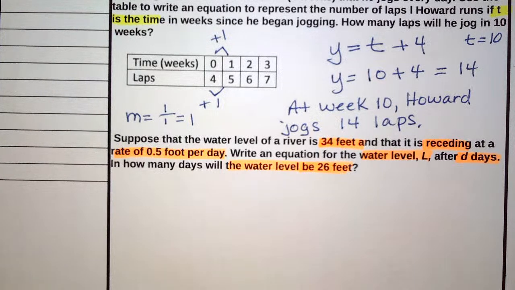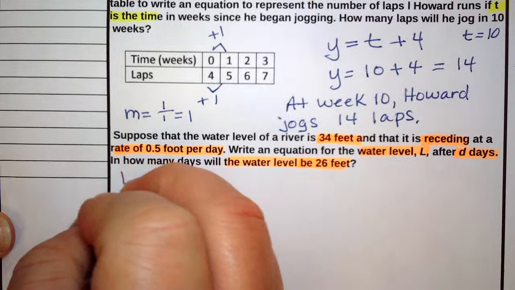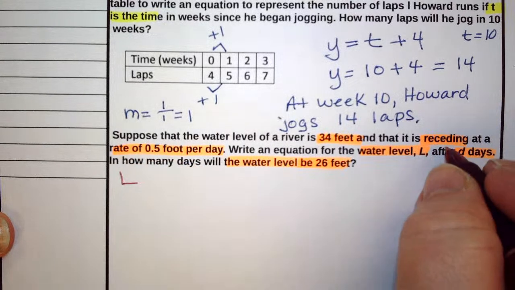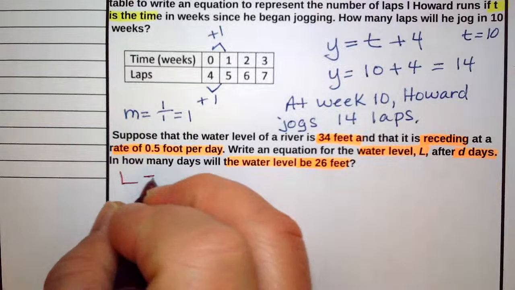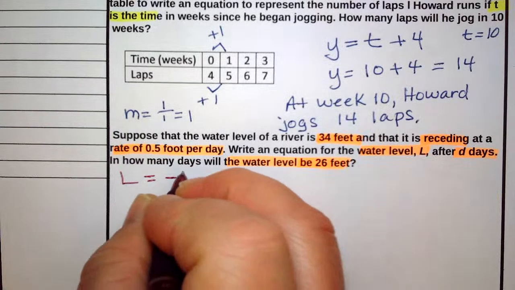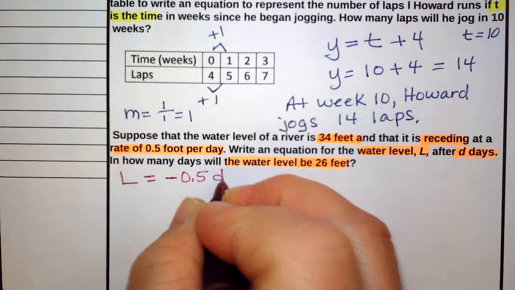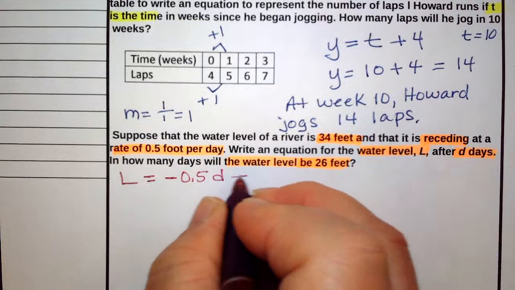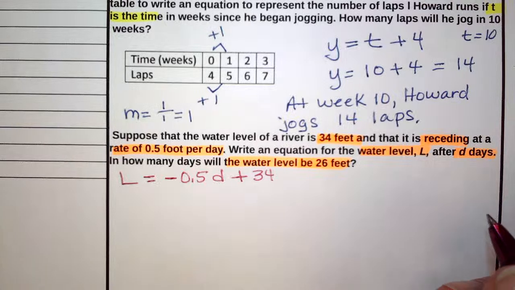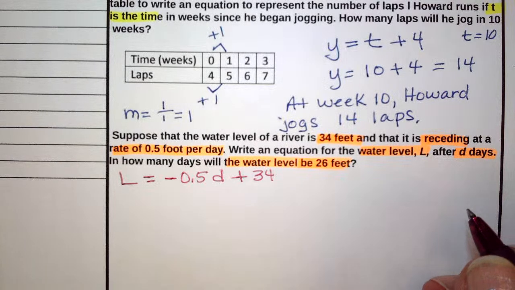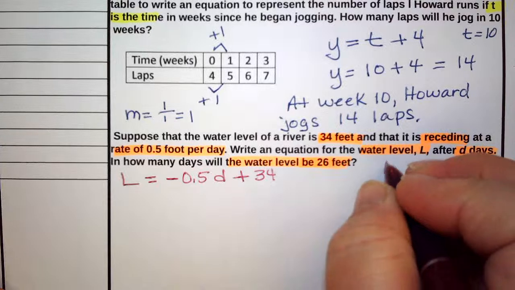So as I'm looking at this, the water level is L. I know that receding means negative. So L is equal to negative 0.5, and that is D, because we don't know how many days, plus 34. What is my L?